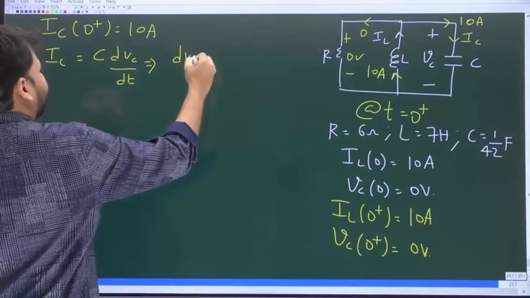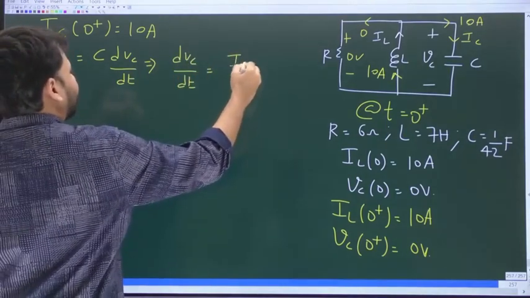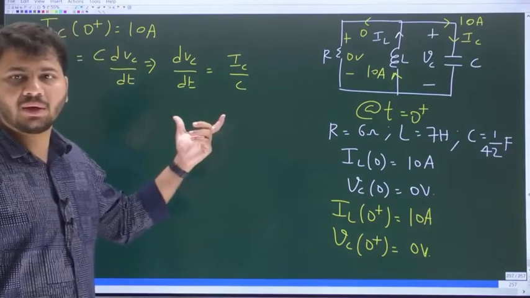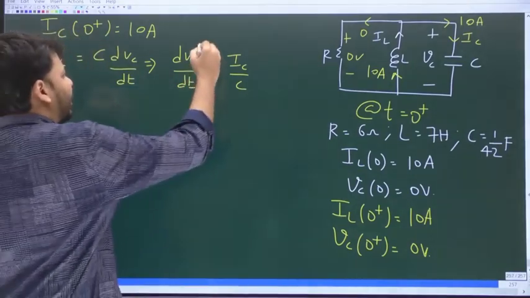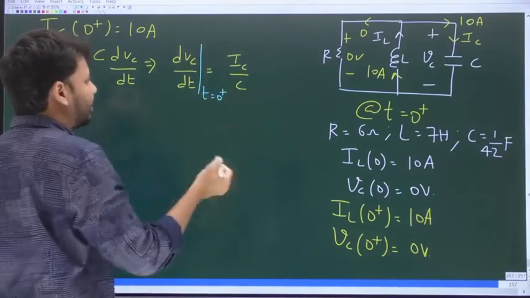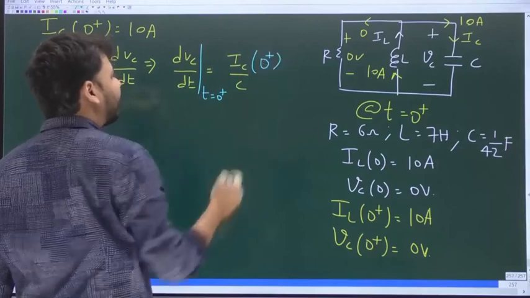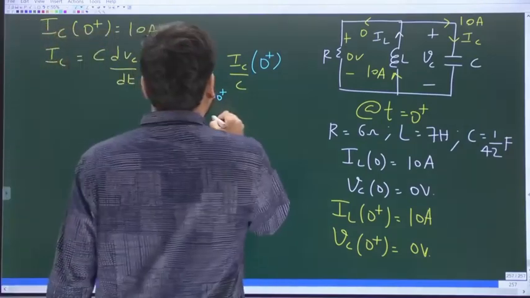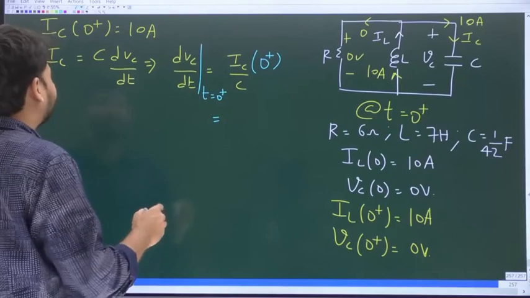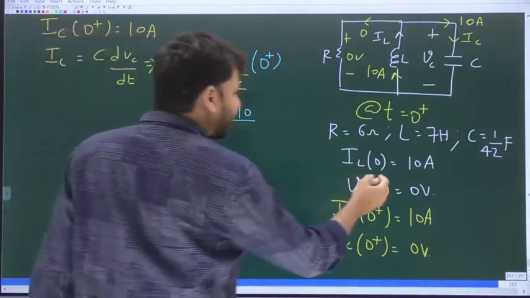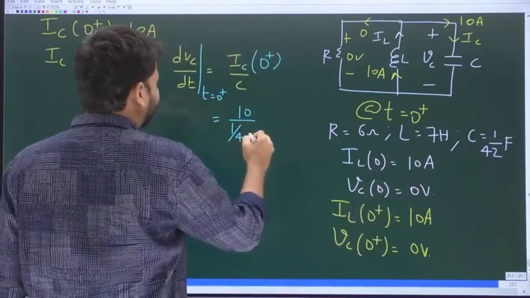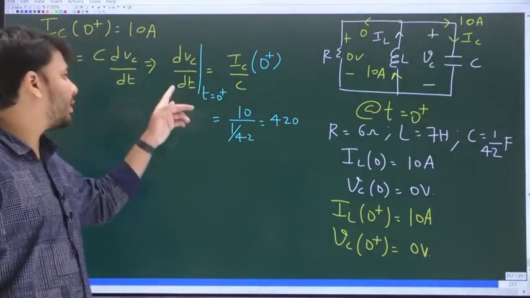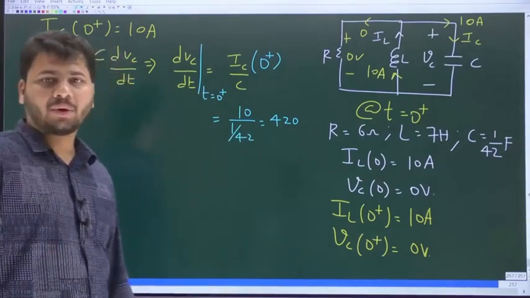From here, dVC by dt is IC by C. Let's evaluate both sides at t equal to 0 plus. dVC by dt at 0 plus equals the value of IC at 0 plus divided by C. We know IC of 0 plus is 10, so 10 divided by C. C is 1 by 42, so 10 upon 1 by 42 is 420. This is the value of dVC by dt at t equal to 0 plus.